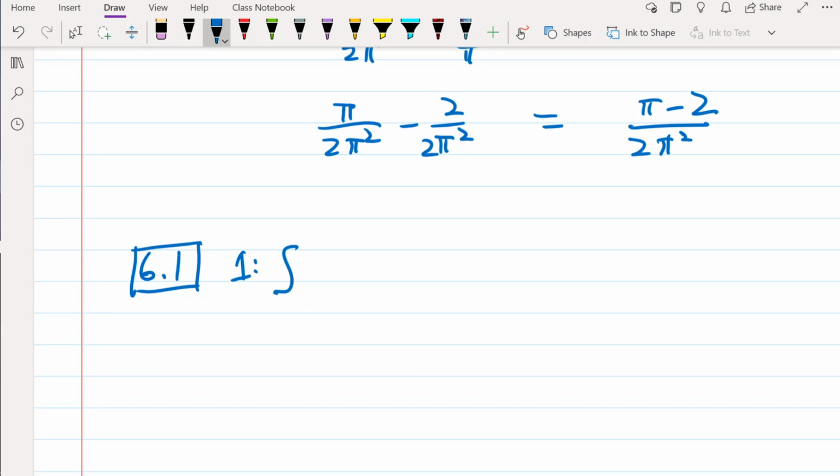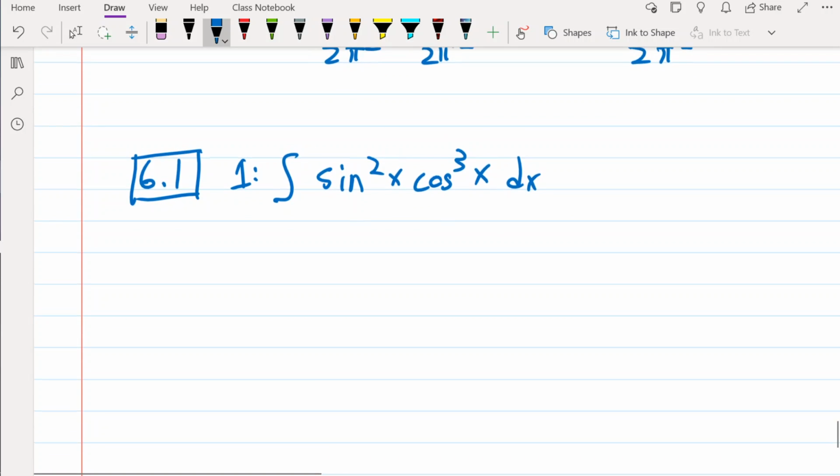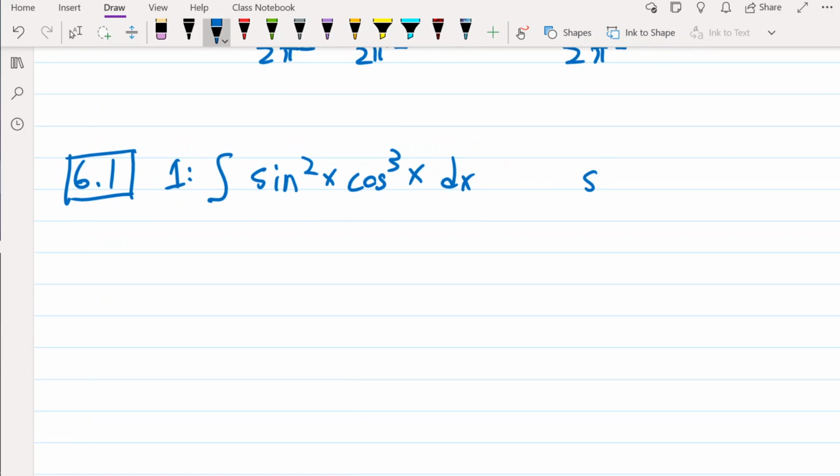It will be the integral of sine squared times cosine to the third power x dx. So our identity is sine squared plus cosine squared equals 1.